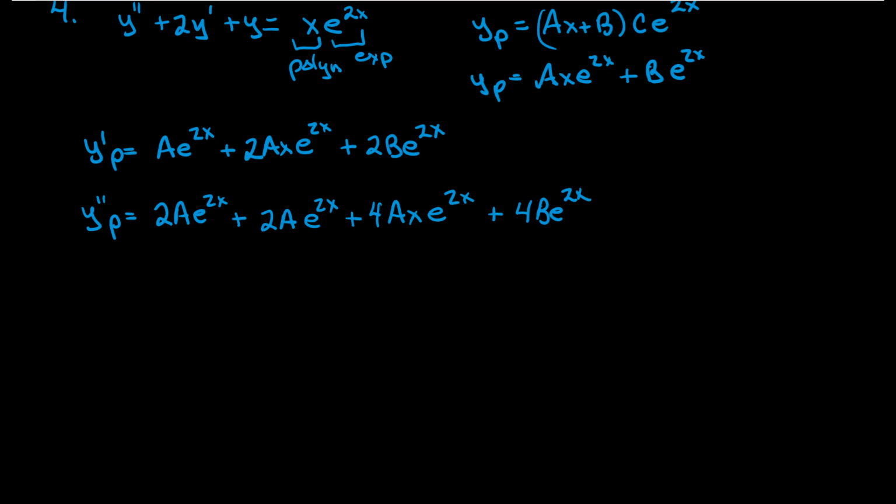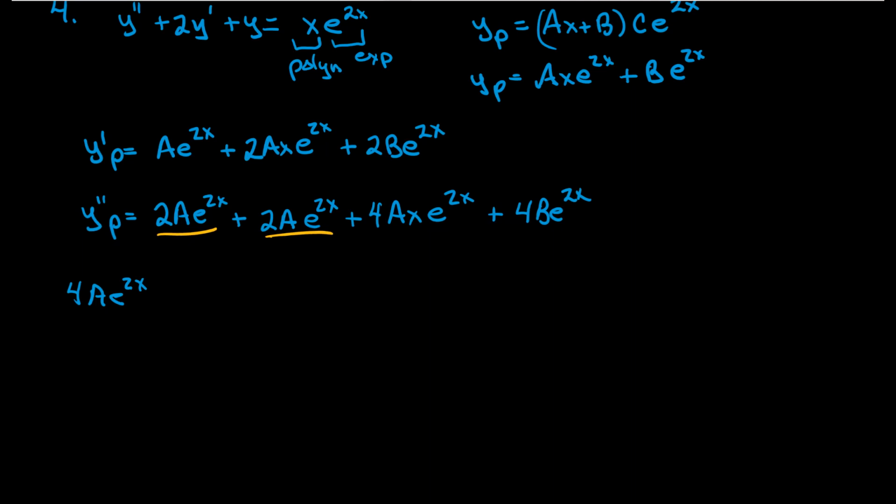We have y double prime, so that's going to give us a 2a e to the 2x plus 2a e to the 2x. Hey, have we seen that somewhere before? I think so. We can add those two together and just make this 4a e to the 2x. And that has this term and this term taken care of.